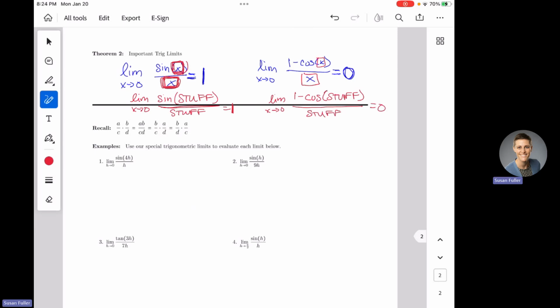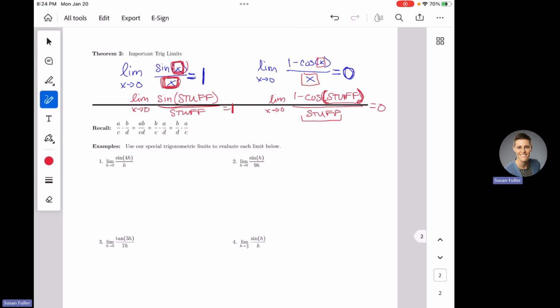But again, the stuff that's stuck inside the cosine, right, the stuff in cosine jail, has to match everything on the bottom. These things need to match exactly to be able to use these. All right. So we are going to be able to use these. These are our gifts. We can pull them out and use them whenever we want.